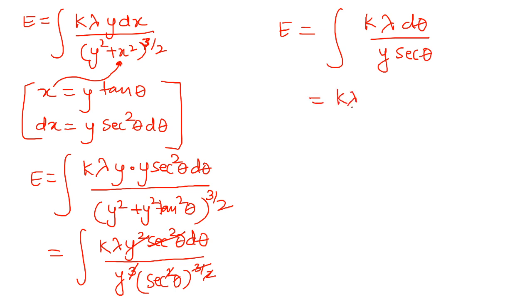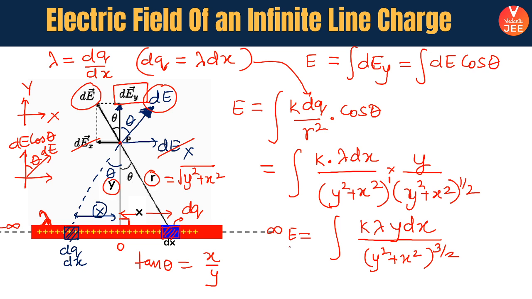So you know that k, lambda and y are constants. They are not changing. Y is a constant, remember that. And sec theta goes up, so what you'll be seeing is cos theta d theta. And guys, let me take you back here. So what you see here, x is changing. If x becomes infinity here, then the angle theta will tend to, basically if x tends to infinity, then tan theta has to become infinity.